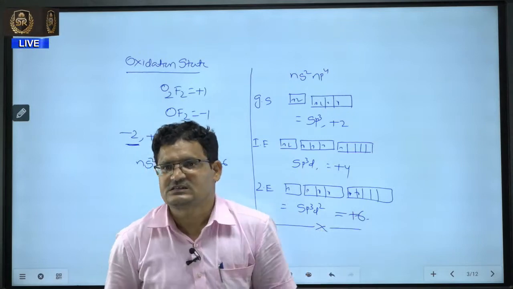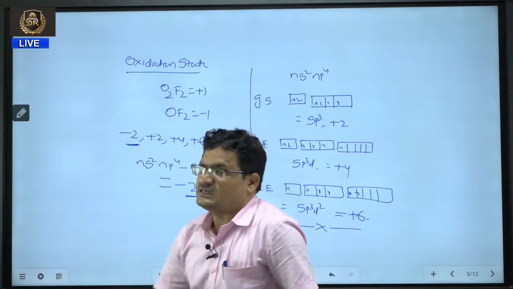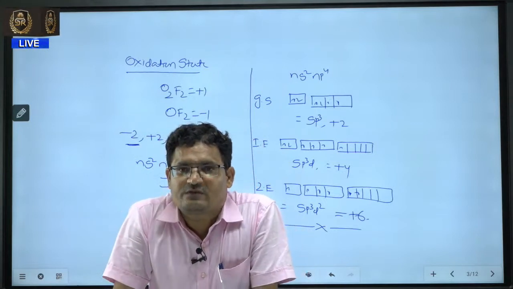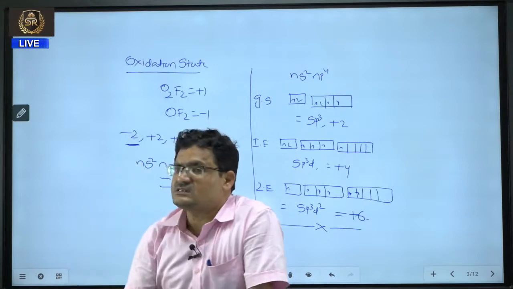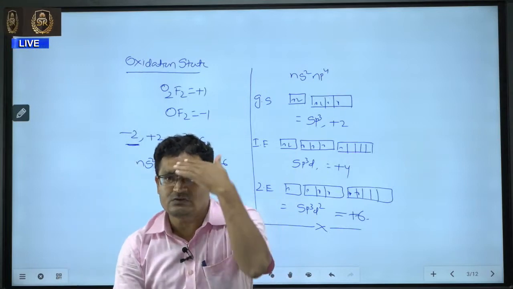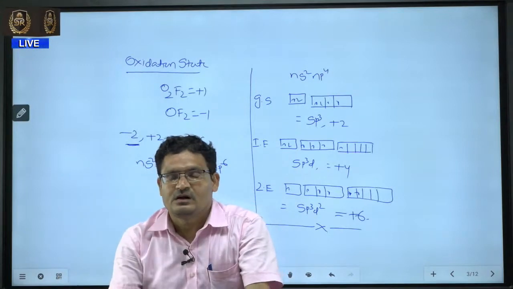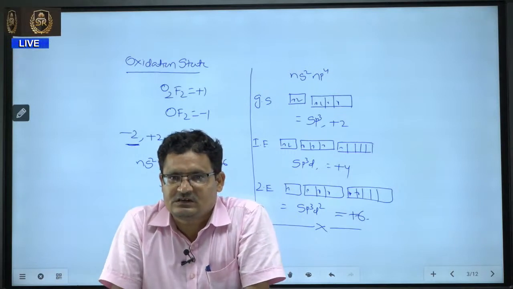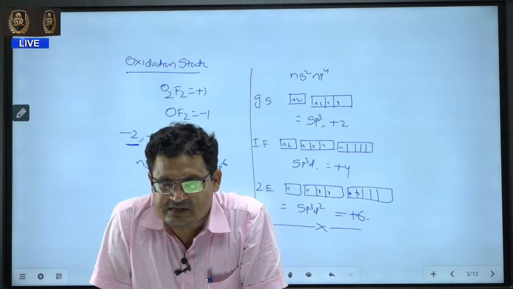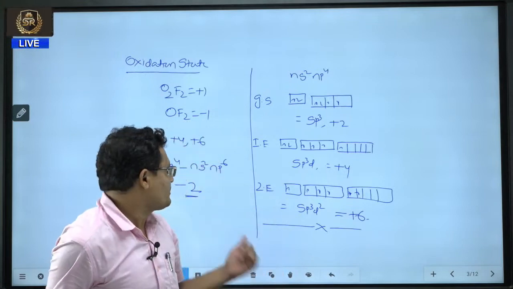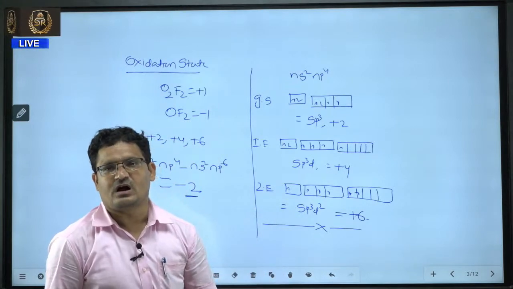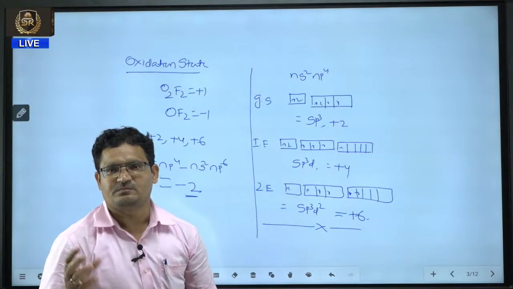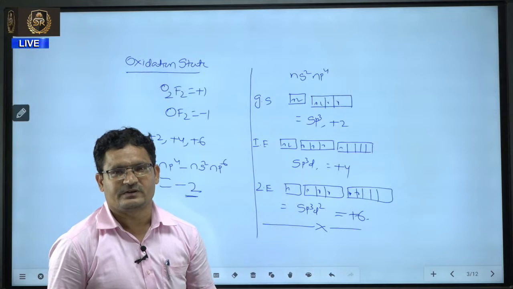Now this is the oxidation state. What is the oxidation state? For oxygen, in O2F2 it is the +1 oxidation state and in OF2 it is the -1 oxidation state. Other elements' oxidation states depend upon their electronic configuration, that is -2, +2, +4, +6. The -2 is called the common oxidation state, which depends upon the 0 group element electronic configuration.